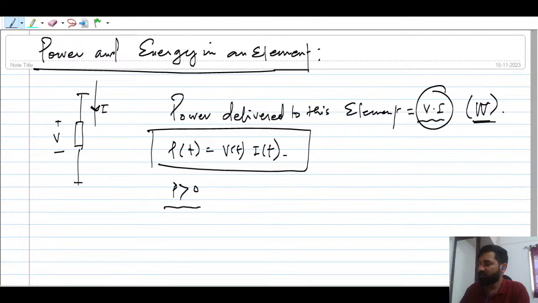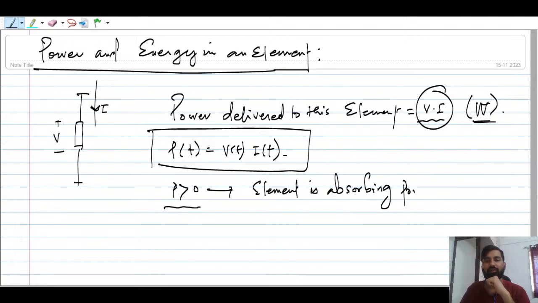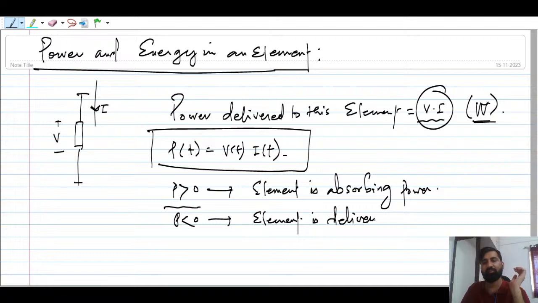Power greater than zero means you can say that the element is absorbing power. And if power is less than zero, the element is delivering power.